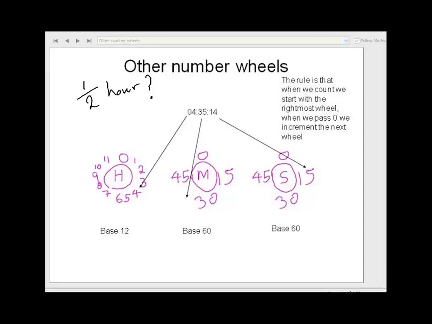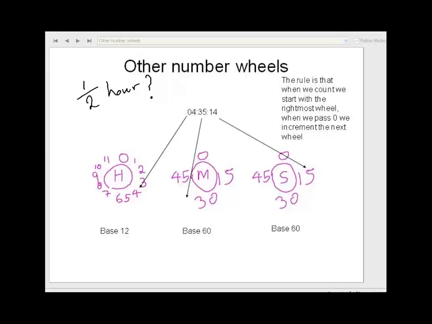If it's 4:35 and 14, in another half an hour on from 4:35 and 14 seconds, what will the time be? Okay, it'll be 5:05 and 14 seconds.